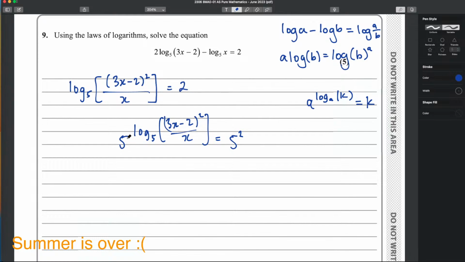In other words, these parts effectively cancel each other out. 5 to the power of log base 5, they cancel out. So then we're left with 3x take 2 all squared over x equals 25, which we should be able to solve.